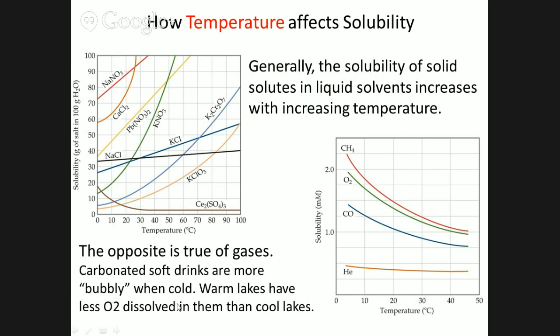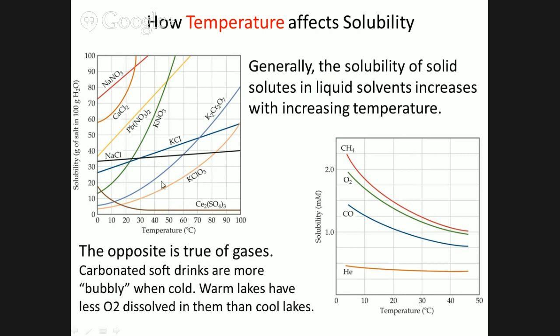Nothing worse than a hot soda because a lot of the carbonation has escaped. It gets flat. Flat soda is awful. Same is true, by the way, for lakes. More O2 is dissolved in the cool lakes than in the warm lakes. So gases can contain or be more dissolved in the cool liquids than in the warm liquids.